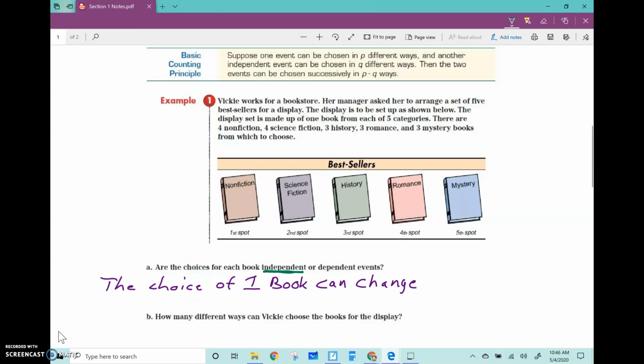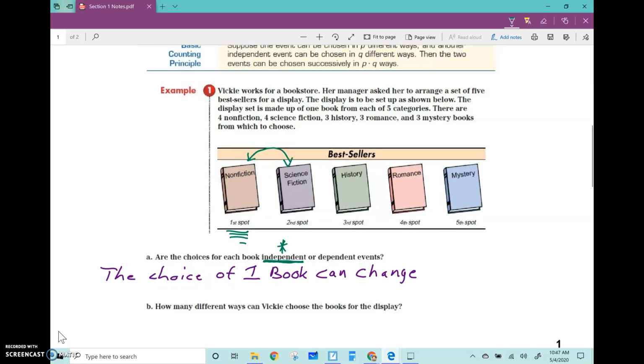The first spot can be any one of these. It could be a nonfiction, it could be a science fiction, history, or romance. And say you put the first spot as nonfiction, but you want to flip-flop it. You can put science fiction first if you want to have that in the first spot, and then nonfiction would go to the second spot. That's what makes those independent.